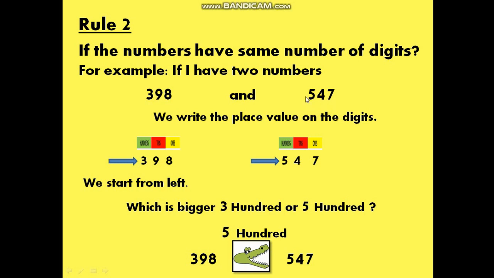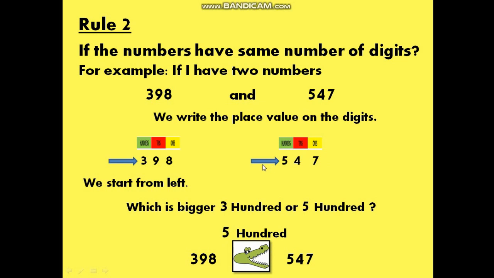So here the number of digits is the same. So what do we do? We write the place of each digit. 8 is ones, 9 is tens, 3 is hundreds. Similarly here, 5 is hundreds, 4 is tens and 7 is ones.